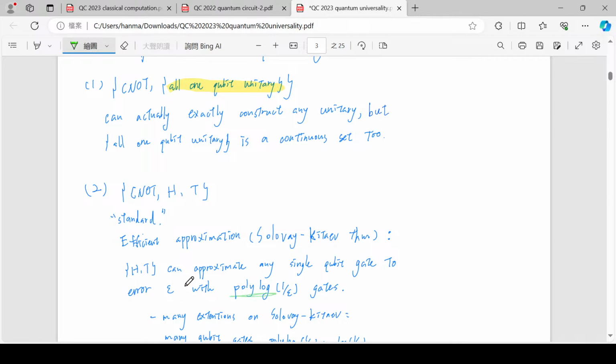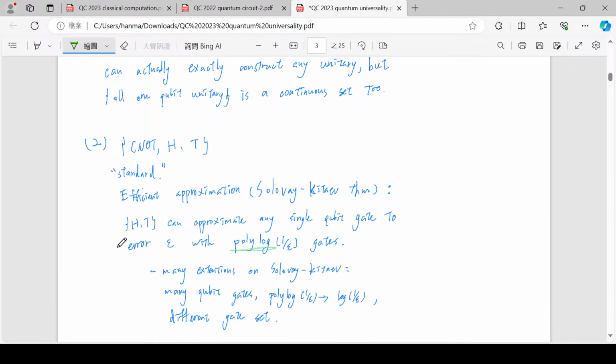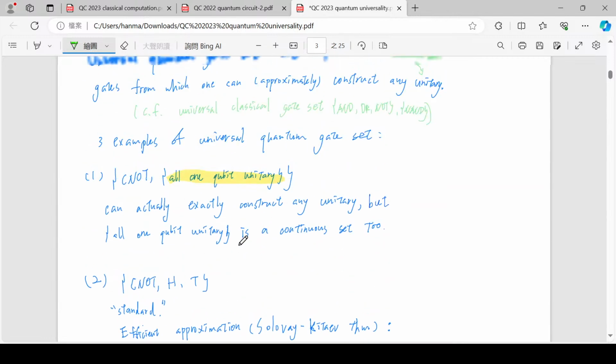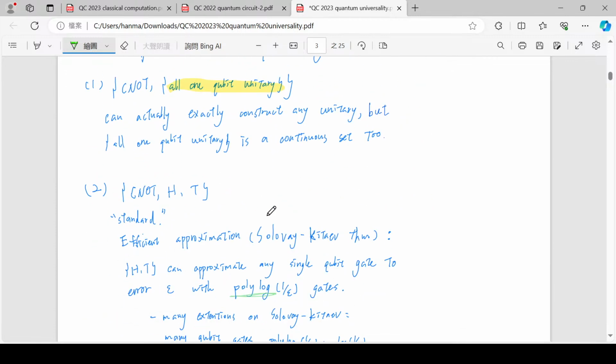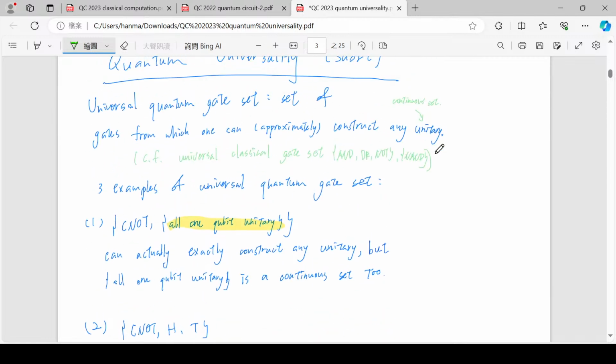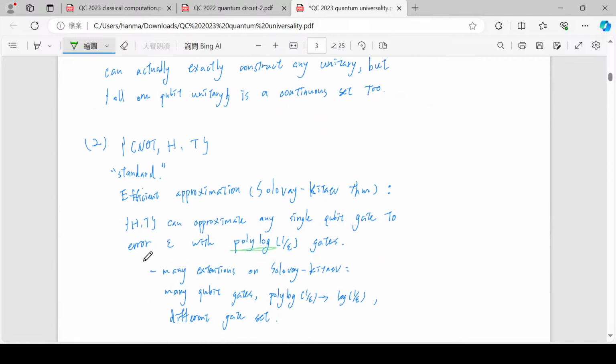So we haven't talked about what epsilon means, but it is some distance measure between two unitaries. Okay. So the unitary you construct in this gate set only has some epsilon error relative to the unitary you want to approximate, and you use polylog 1/epsilon gates.